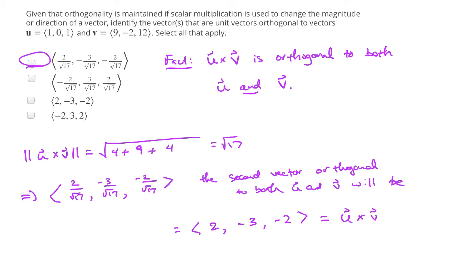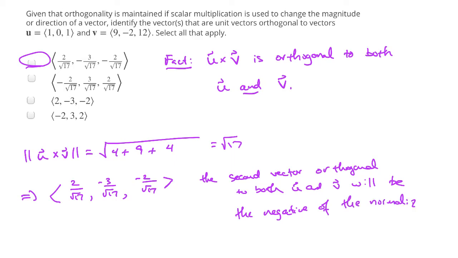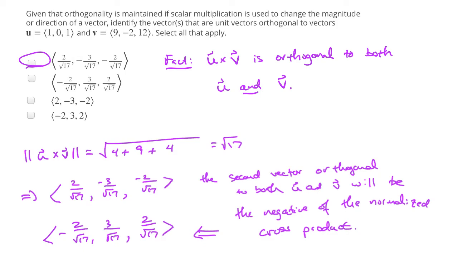So what that will be is just the negative of that vector. And so we have negative 2 over root 17, 3 over root 17, and 2 over root 17. And so for that, we then have the second vector.